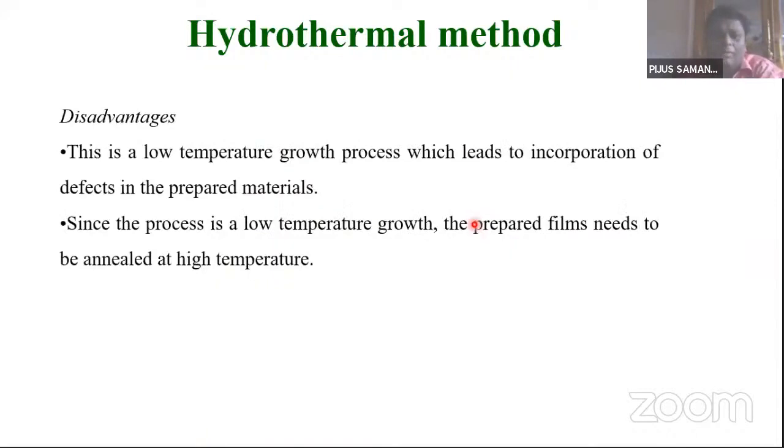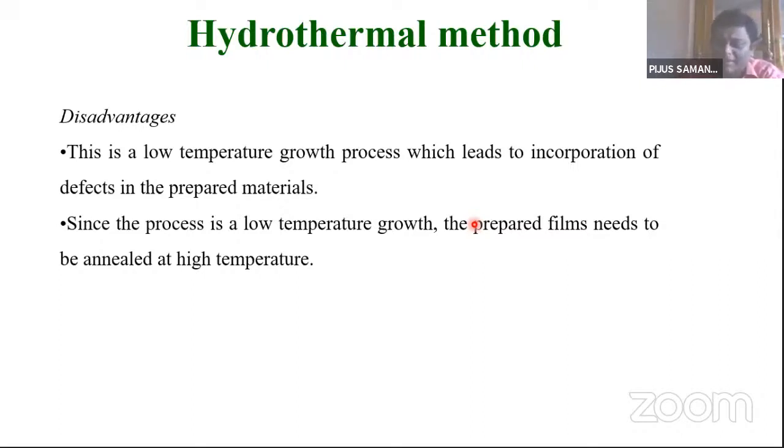But one major disadvantage is that this is a low temperature growth. And from the basic physics of defects, we know that defects are there at low temperature. If the material grows at low temperature, there is a probability of more number of defects.